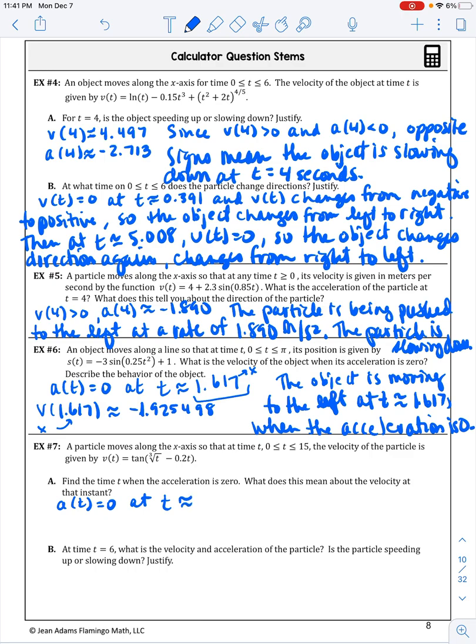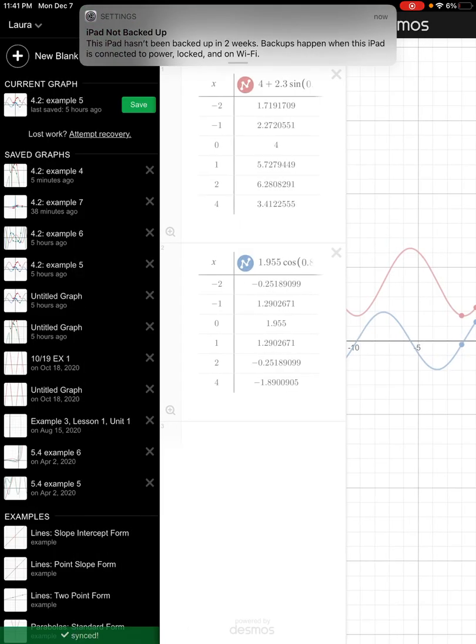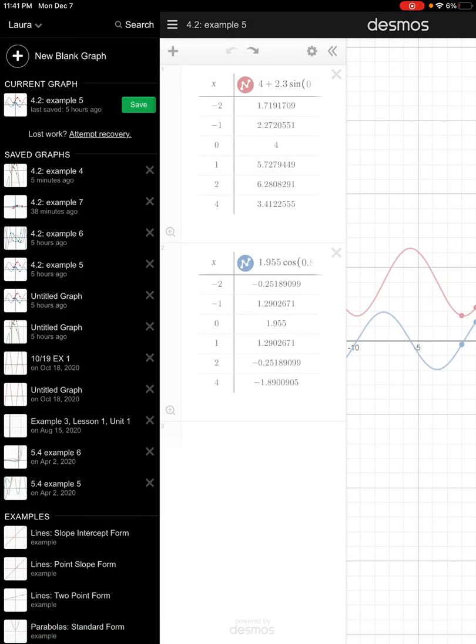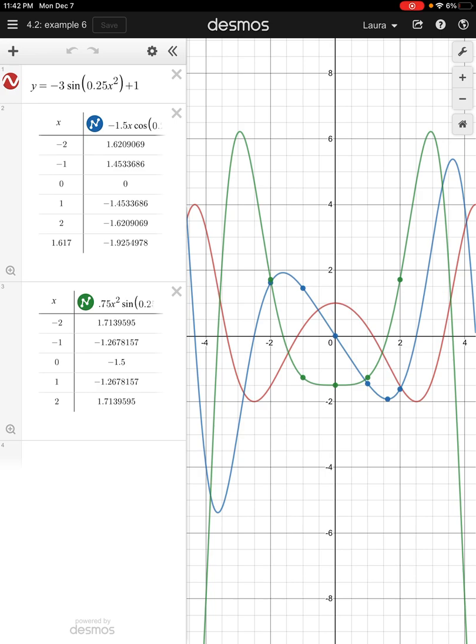And I'm going to go back to my Desmos. Example 6 was the one that I just did, with the 1.617 for the t value when the acceleration was 0.